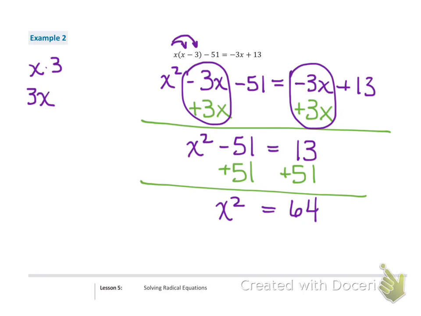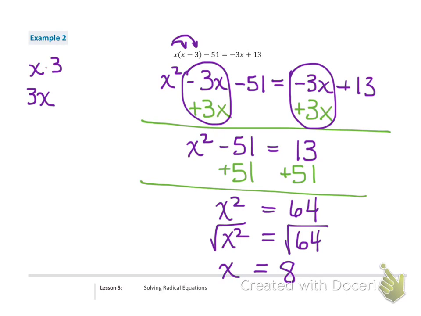Okay, so if x squared equals 64, then the square root of x squared is equal to the square root of 64. And the square root of x squared is x, the square root of 64 is 8.